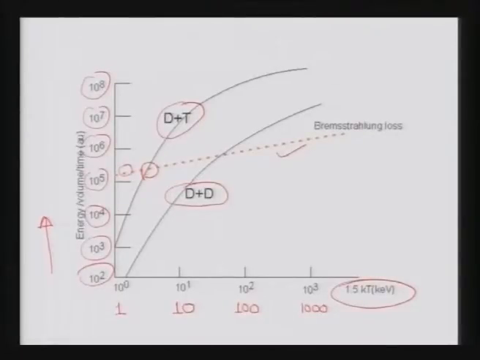This corresponds to something like kT equal to 4 keV. Here this loss and the production will match with each other, and for DD it crosses at this point, and this is something like 40 keV, kT equal to 40 kilo electron volts. Here kT is approximately 4 kilo electron volts.